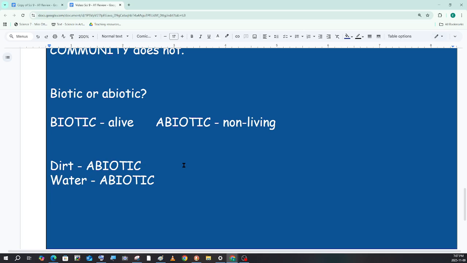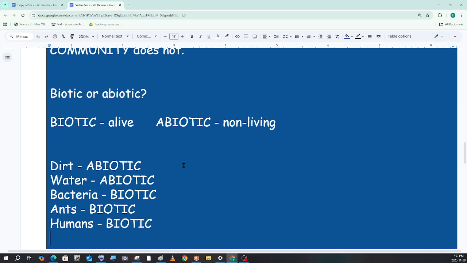All right, next, bacteria. That would be biotic. Bacteria are living creatures. All right, let's see, maybe ants. Biotic, right? They're alive too. Humans, also biotic, okay? What about fungus? That's also biotic.